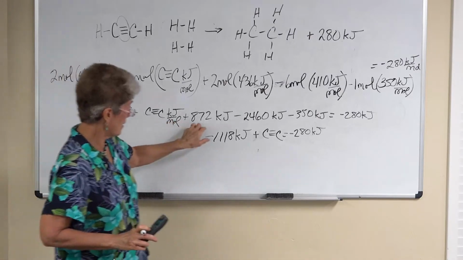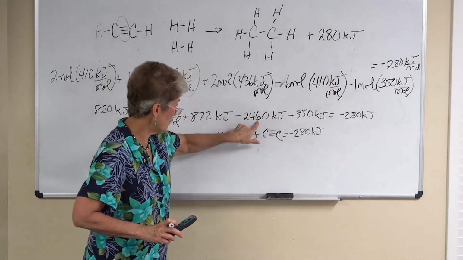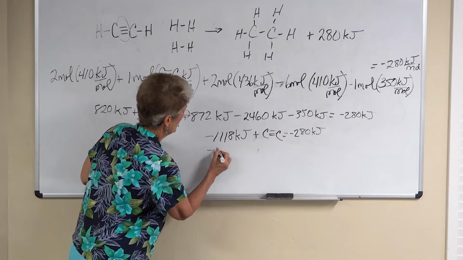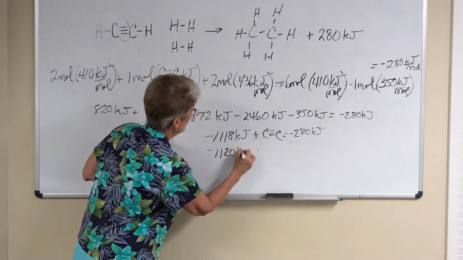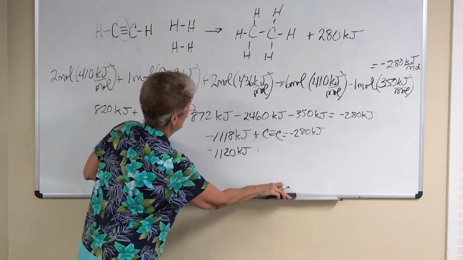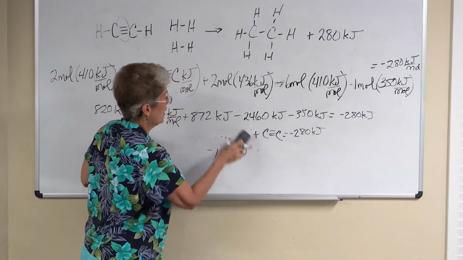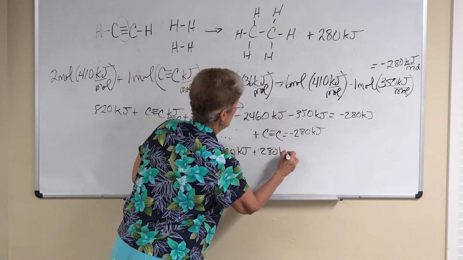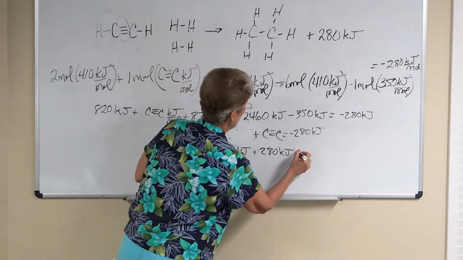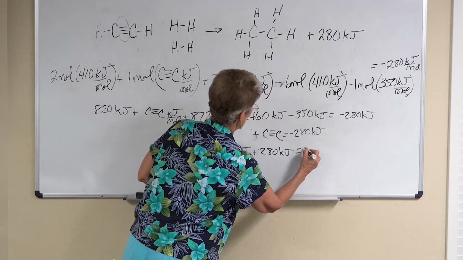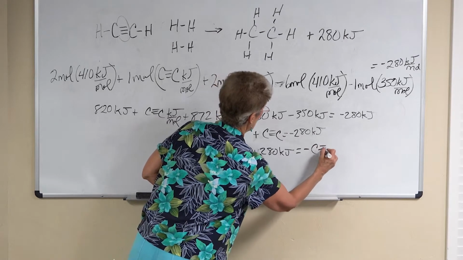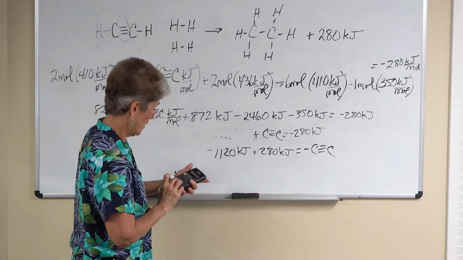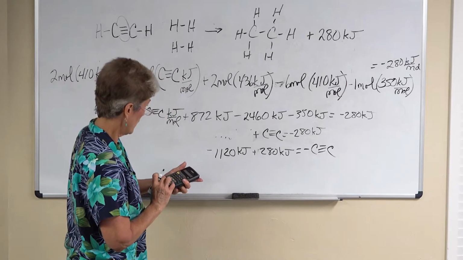When I added these up, notice it's to the tens place, that's the ones place, but this is the tens place. So this should have been to the tens place. And that's the proper number of significant figures. And I am going to solve for this. So I'm going to add the 280 to this side. And I'm going to subtract. Oh, that's going to give me a negative, isn't it? That side. So then whatever this is, I'm going to multiply it by a negative 20.